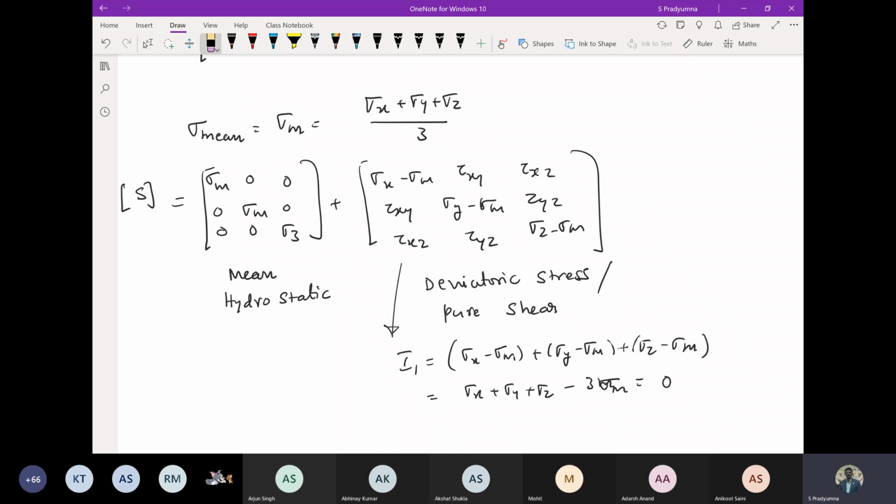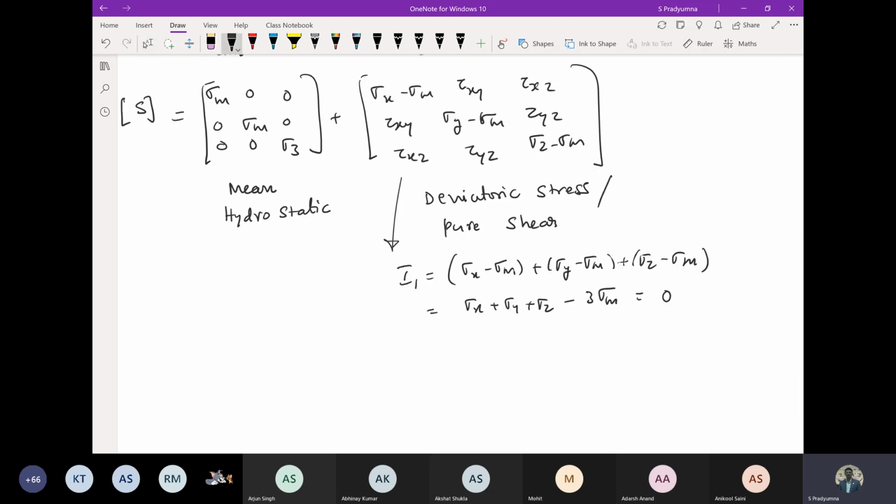So this is what we consider, that the state of stress is pure shear. For example, pure shear means I have all the normal stress components 0, and tau xy, tau xz, tau yz remain.